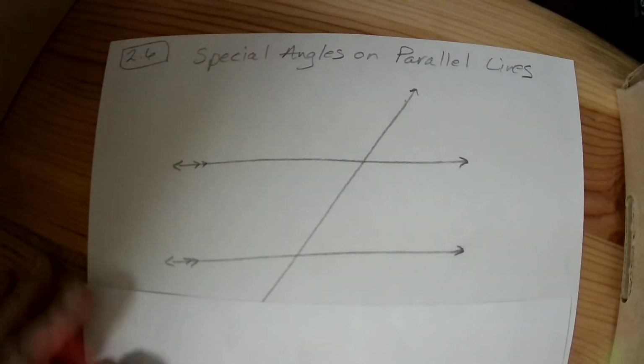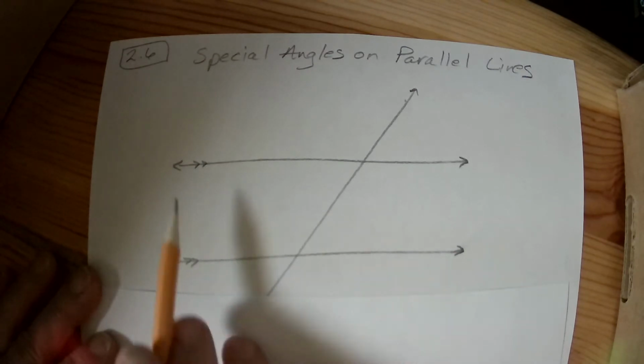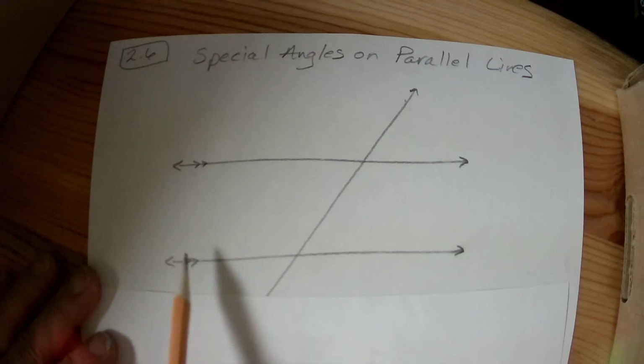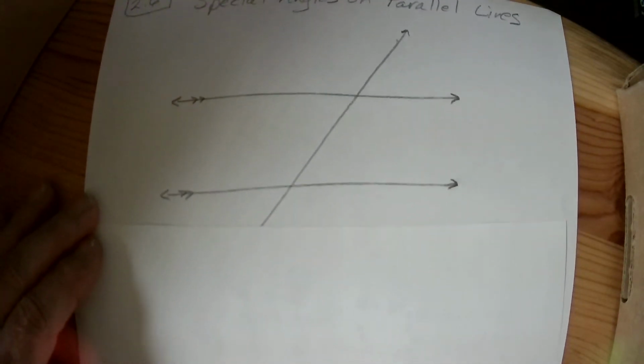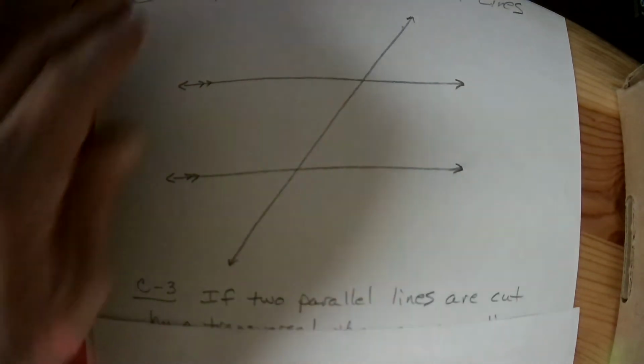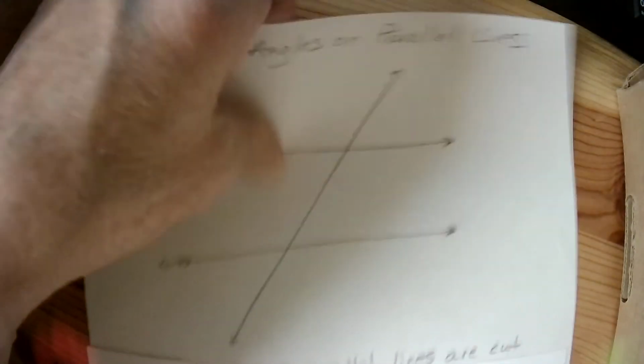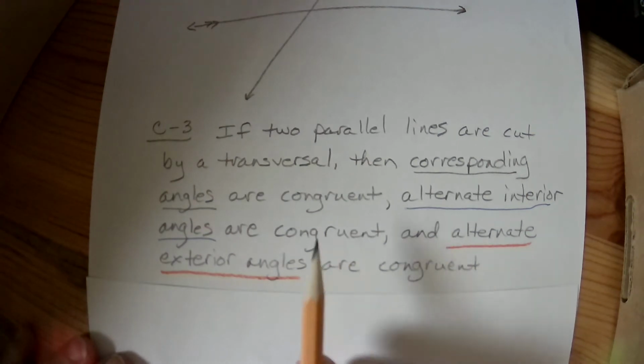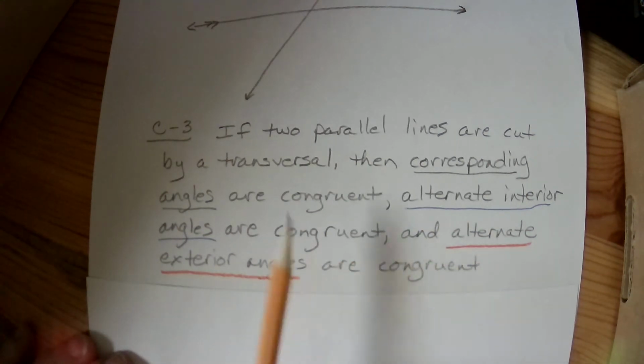All right, so these two lines are parallel, and I know they are because of this symbol, these little arrows. And conjecture number 3, this is kind of a long one. We're going to dissect it into 3 different parts.